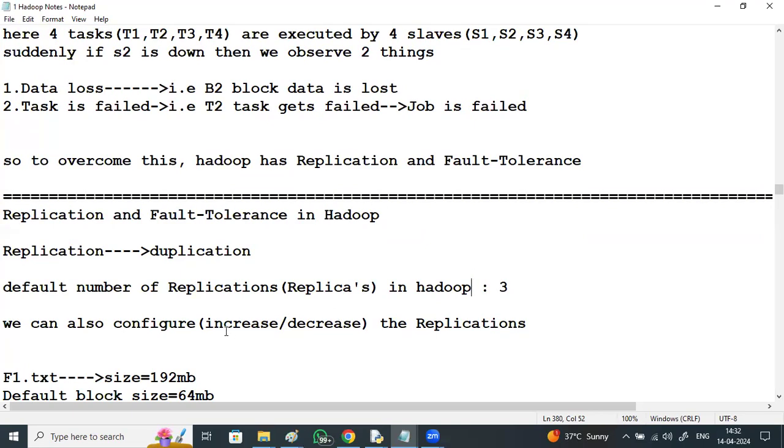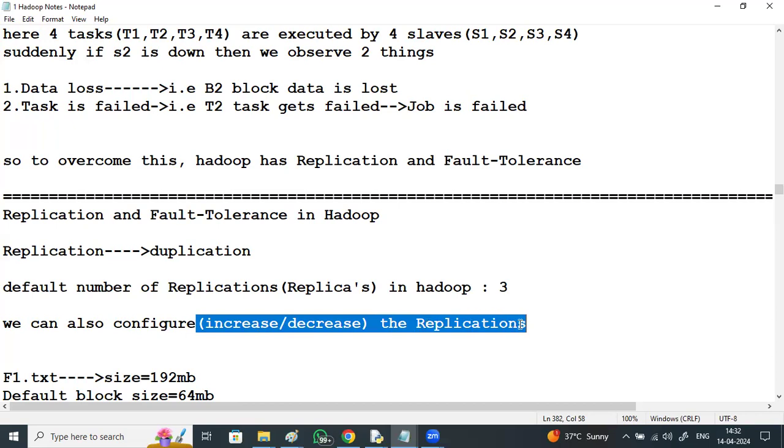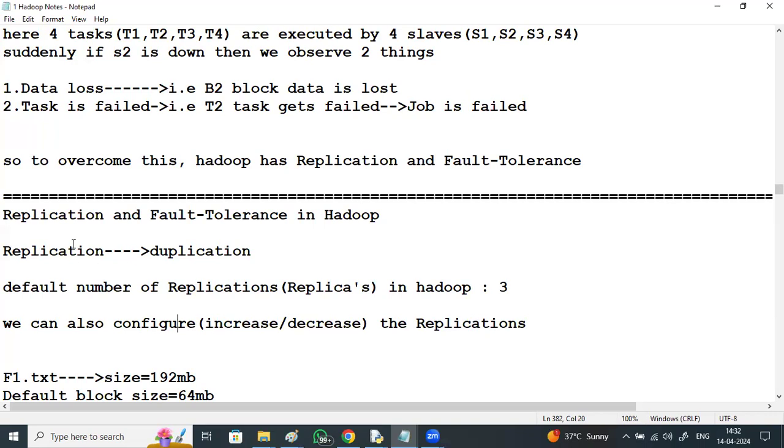We can also configure, increase or decrease, the replications. Later I'll show you how to do that. But for now, just remember the default number of replications in Hadoop is 3.